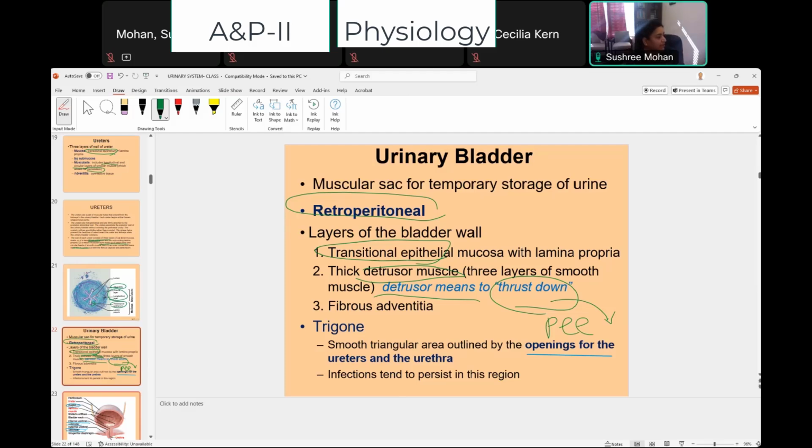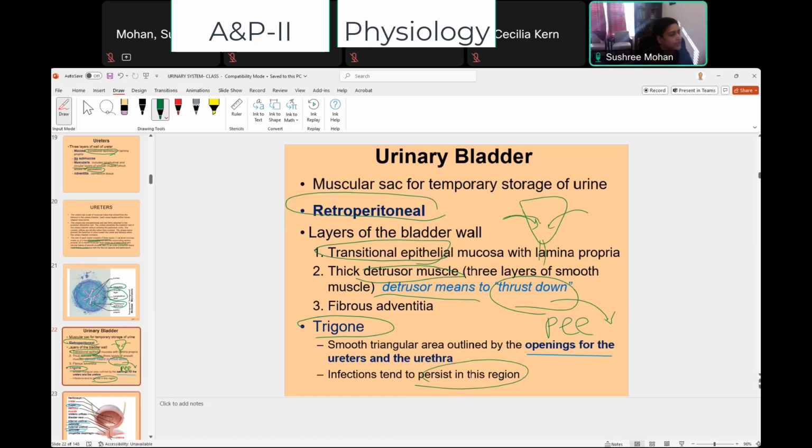And it has the shape of a trigone. It's a smooth triangular area outlined by openings of the ureters and urethra. And infections tend to persist in this region. So if you look at the bladder, it's kind of a triangular structure, and you have the ureters entering, and this is the urethra.